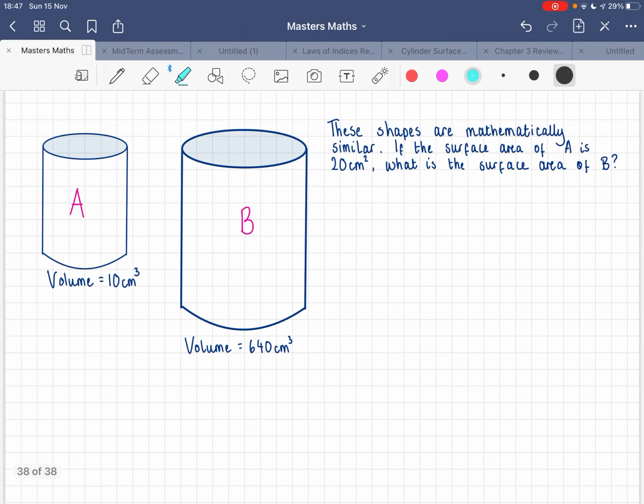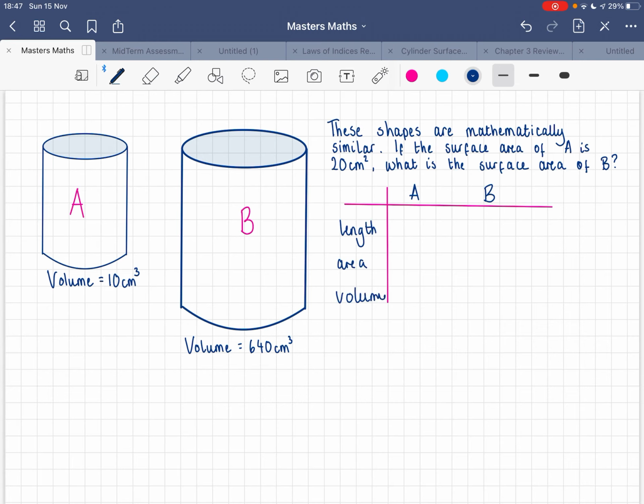We have one more example where again we need to do something with the volume and the surface area. So I'm going to draw my table. A, B, length, area, volume.